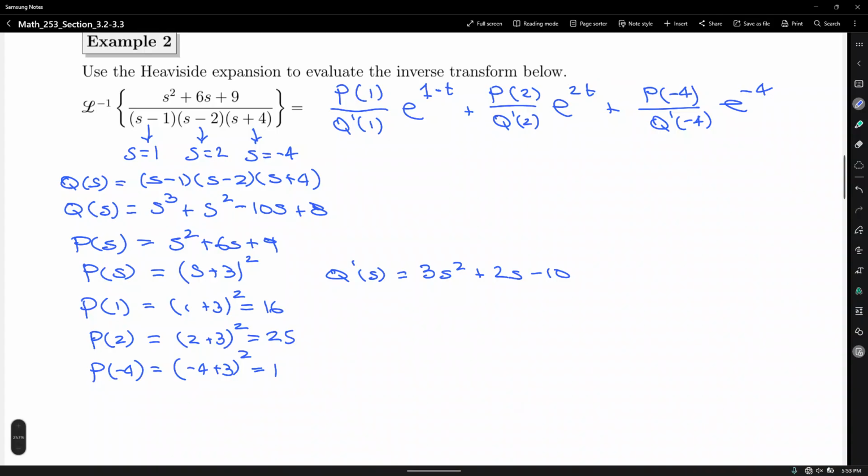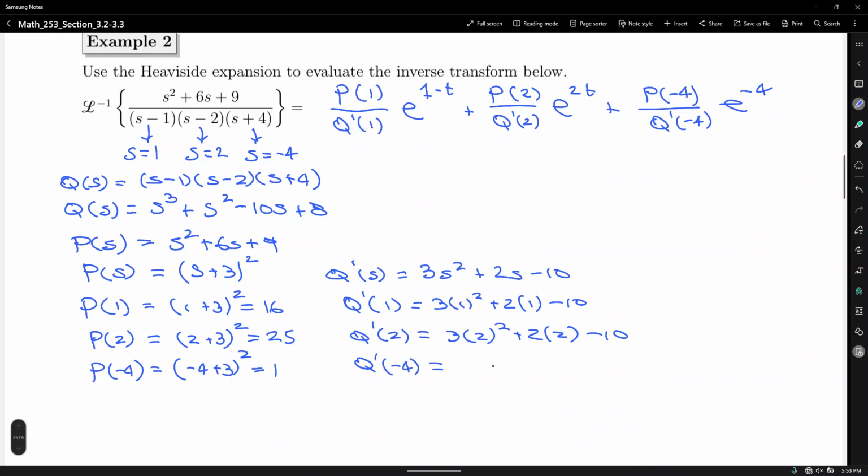Now let's get the denominators by evaluating the derivative Q prime at 1. That is 3 times 1 squared plus 2 times 1 minus 10. Q prime of 2 equals 3 times 2 squared plus 2 times 2 minus 10. And Q prime at negative 4, which is 3 times negative 4 squared plus 2 times negative 4 minus 10.